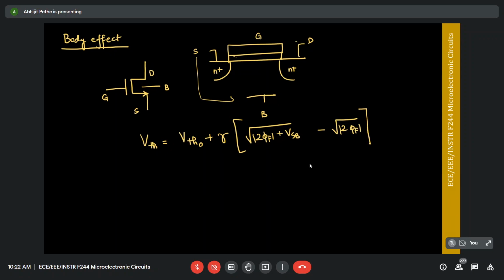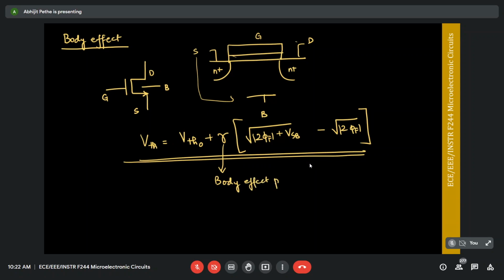Remember, all this means is that in cases where your source and body are not tied together, you have to model that using a change in VT. This term gamma is known as the body effect parameter. Typically it's 0.2 to 0.3, and the unit is square root of volts.